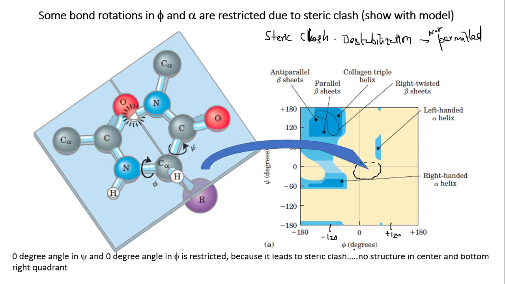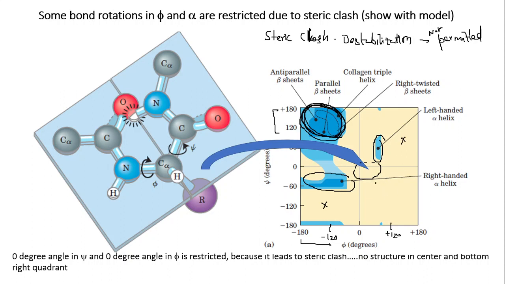When phi is minus 120 to 180 and psi is plus 120 to 180, that part would be very stable, so there will be a lot of structures over there. Some stabilization over here, but no stabilization here. A little island of stabilization here, but no stabilization here.